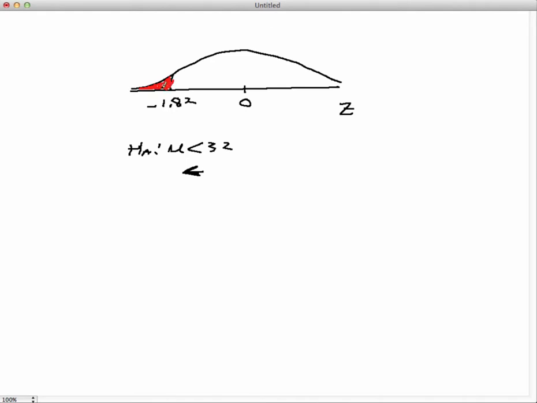Okay, now alternatively, you can actually do this back in what is referred to as the distribution of the null, and it's really a good idea that we think about it this way. The distribution of the null hypothesis says that you are centered at 32. This is the distribution of x bars, right?